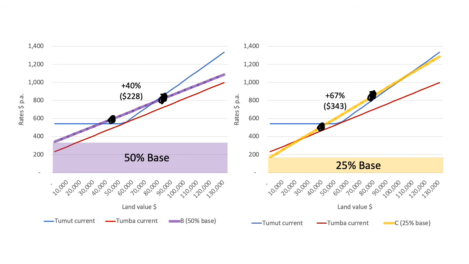And the key question then, in terms of what's fair, is how much extra should someone with a more expensive block pay in rates? Particularly given that there's not a strong correlation between people's ability to pay and the value of their land.